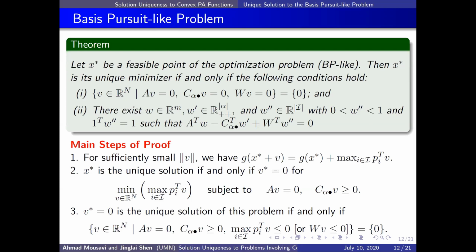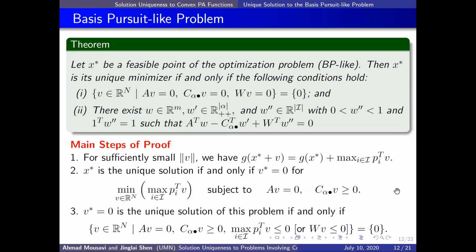So now that it has to be locally unique, I can basically perturb X star. For sufficiently small norm of V, you can show that this relation holds. And now X star is unique in its neighborhood for sufficiently small V if and only if I cannot move along any direction and improve my objective function.